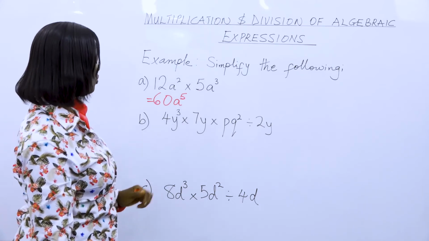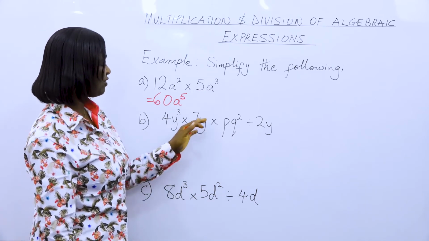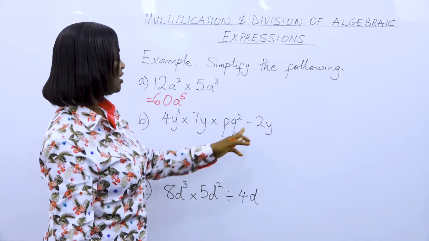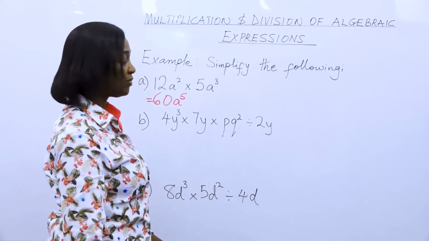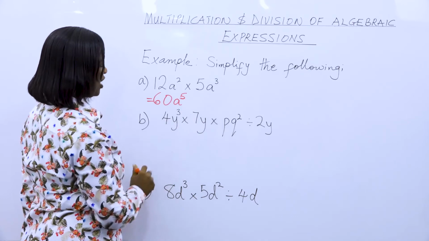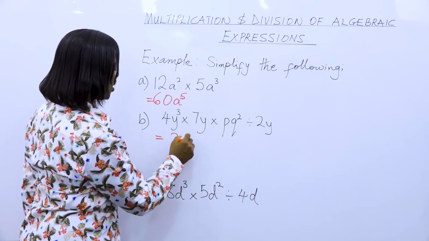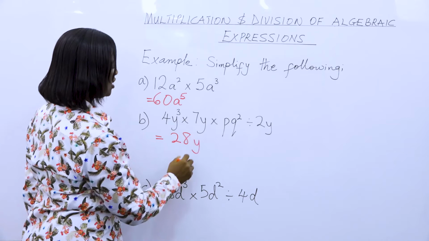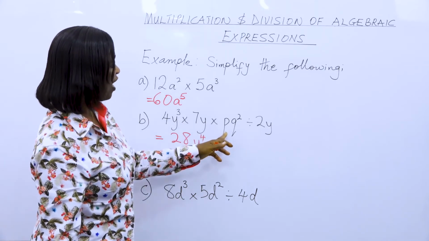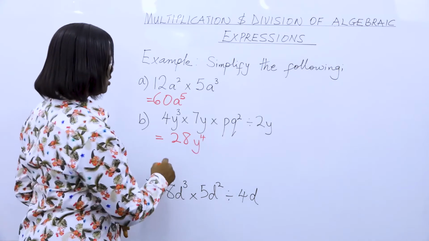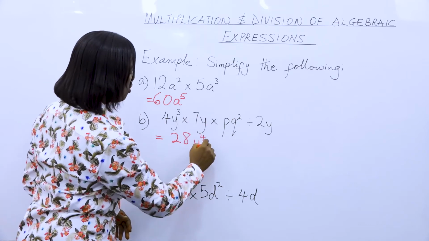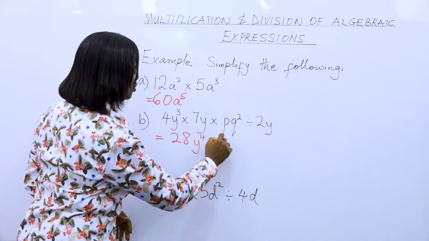For the second example, we have 4y cubed times 7y times pq squared divided by 2y. So we're multiplying 4y cubed by 7y, and that will give us 28y to the power 4. We also have p and q squared. So the numerator is 28y to the power 4 p q squared.